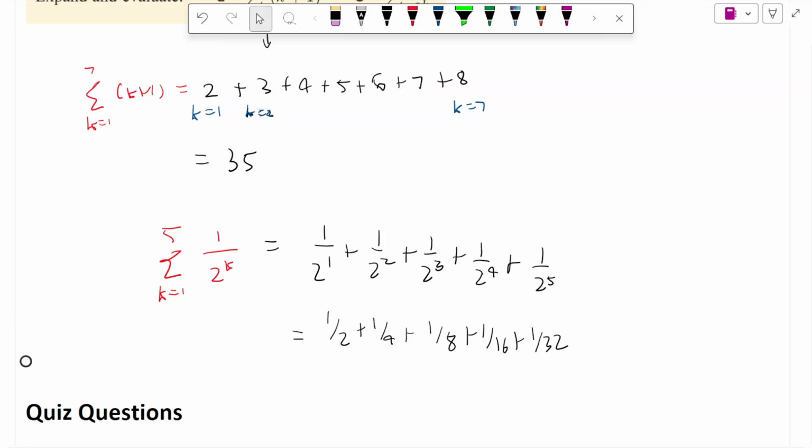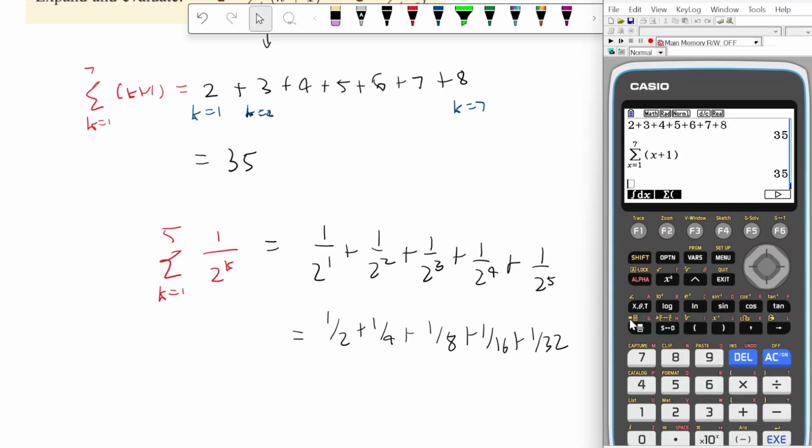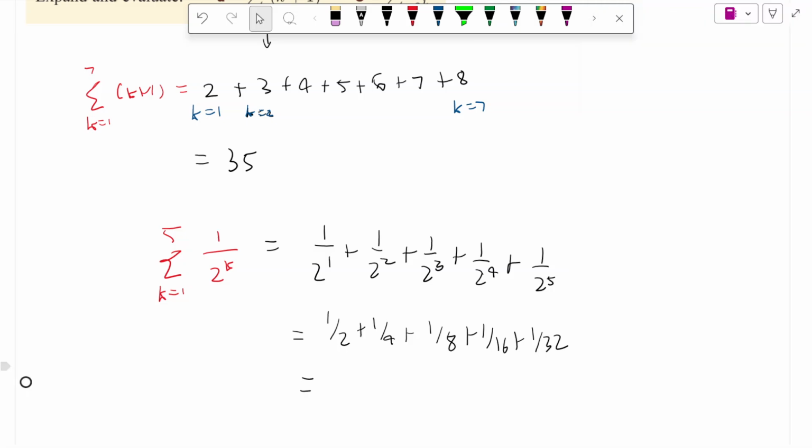I reckon it's going to be 31 out of 32, but let's see if we can figure that out exactly. So I'm not going to bother typing all that out, but what I will do is just go into the sum. 1 over, and then we're going to go 2 to the power of x. Just going to use x instead of k. X is 1 up to 5. There we go. 0.96875, but more importantly, 31 out of 32.